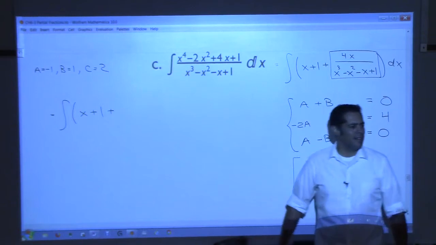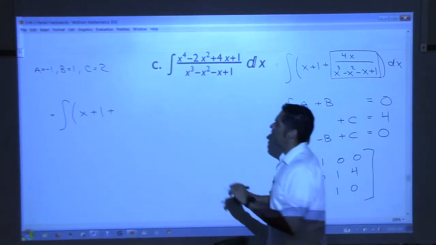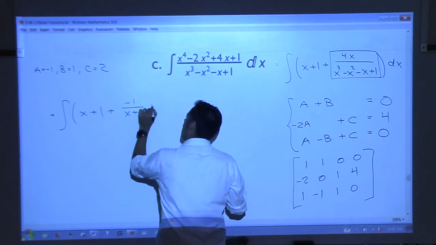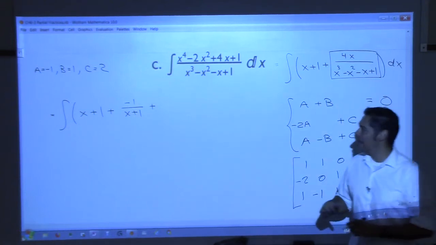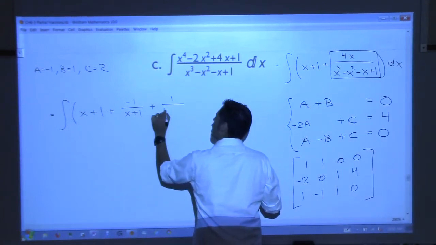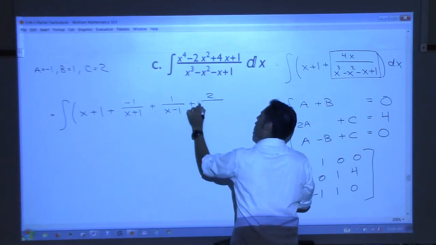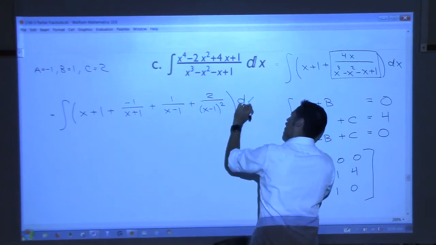A over what? X plus 1? So it's A, which is -1 over x plus 1, plus, and it was B over x minus 1, right? So B is 1 over x minus 1. And then plus C, which is 2 over x minus 1 squared. And that's it.